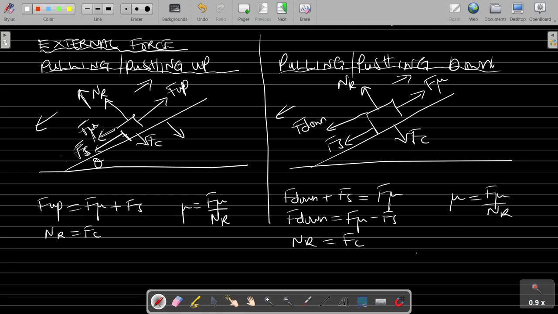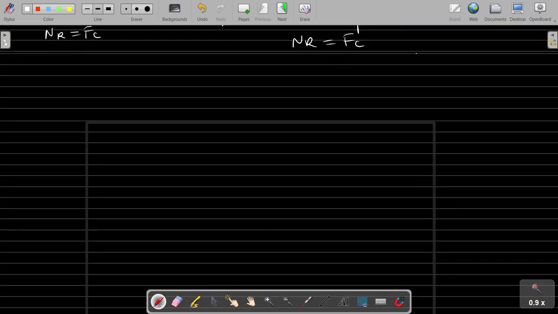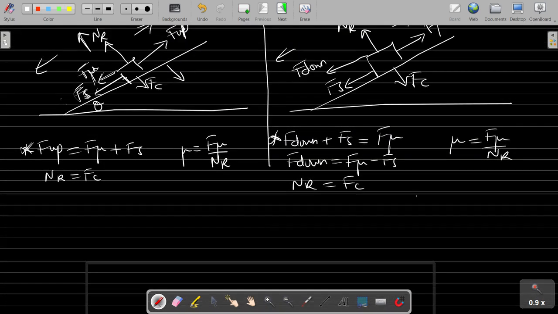In a case where you would want to compare the formula for when it's pulling up and when it's pulling down, or rather summarize it, you could say F total represents the force pulling up or down. You will notice that when it's pulling up, the sign of Fs is positive, and when it's pulling downwards, Fs is negative.